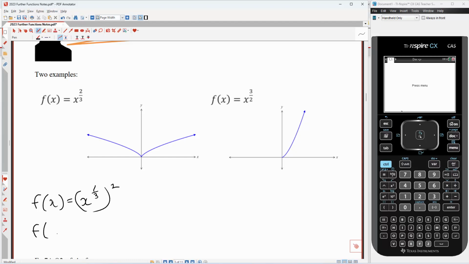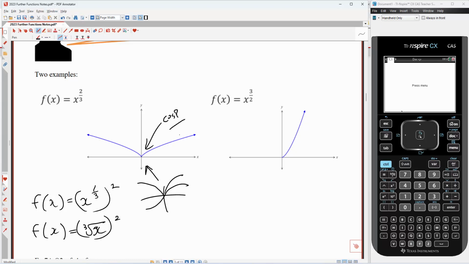That's f of x equals the third root of x, to the 2. Now what does the third root function look like? It looks like that. Now when we square that, it's basically going to make this part of it higher, and this part of it matches this part on the right hand side of 0, except it now becomes positive because a negative times a negative is a positive. So we're going to get this type of graph, and I think they refer to that kind of feature as a cusp.